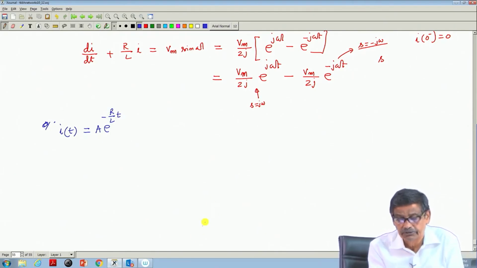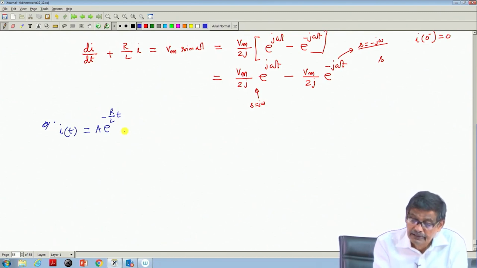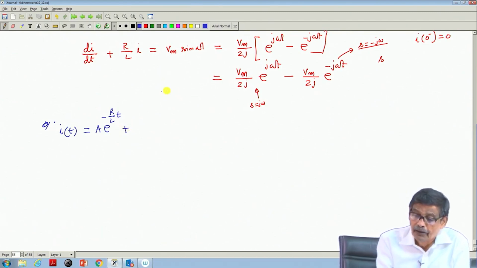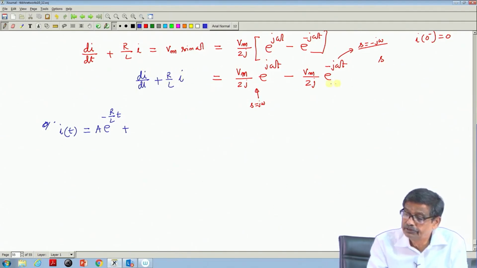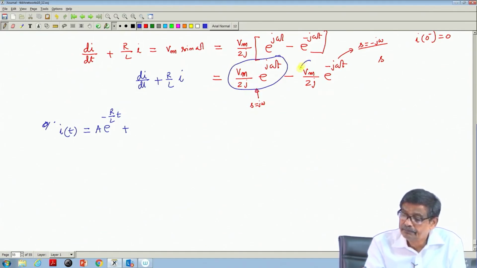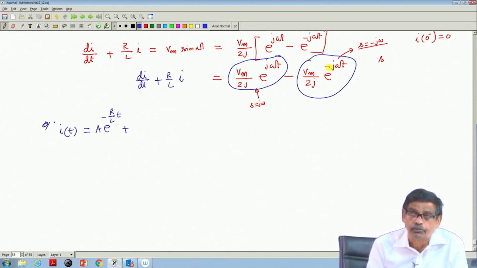Then we are doing the forcing function. Now, this is the differential equation dI/dt plus R by L into I is equal to this. This is one input signal, subtracted another input signal, and I will apply superposition.